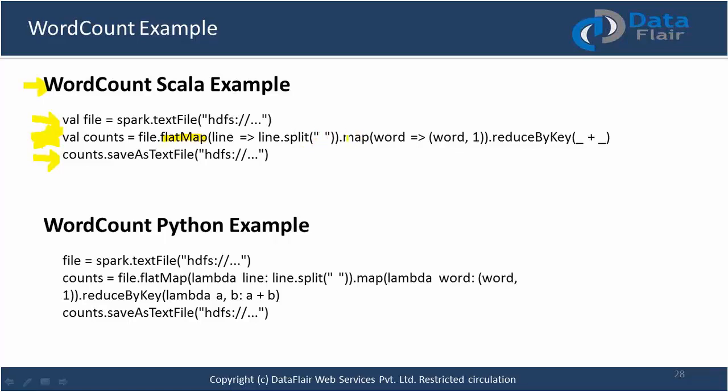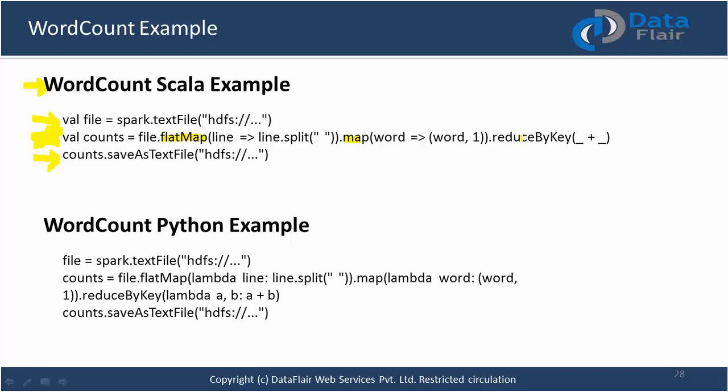After that, again we are mapping it, each and every word with one: word one, data one, flare one, technology one, training one, and reduceByKey. Just reduceByKey. All the code is available, a rich set of operators, no need of any hand coding. You will be getting the required output.